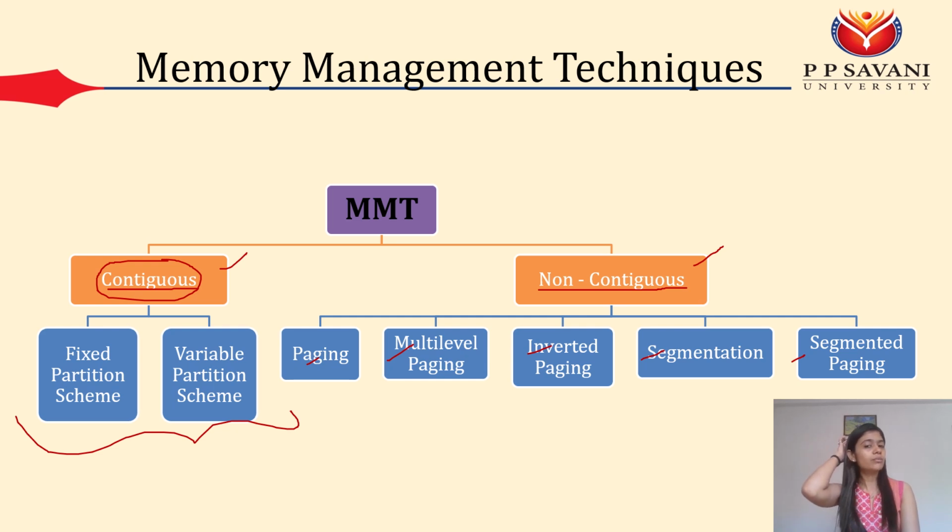So there are two mechanisms: either your process is allocated in memory in a contiguous manner or in a non-contiguous manner. First we will focus on contiguous memory techniques, the different types of contiguous memory schemes, and after discussing them, we will move on to non-contiguous allocation.